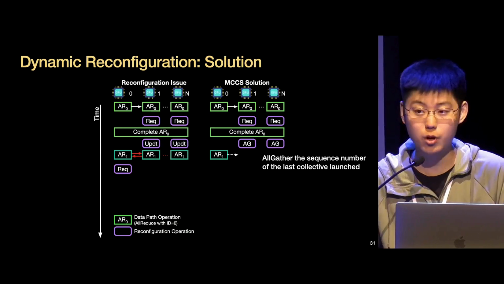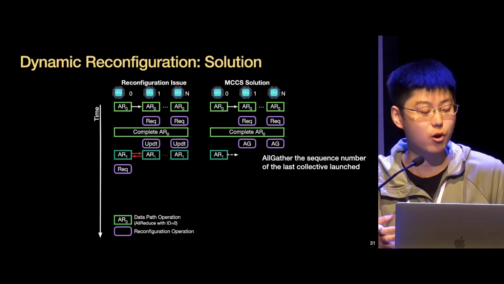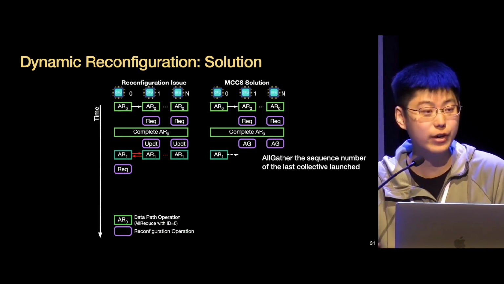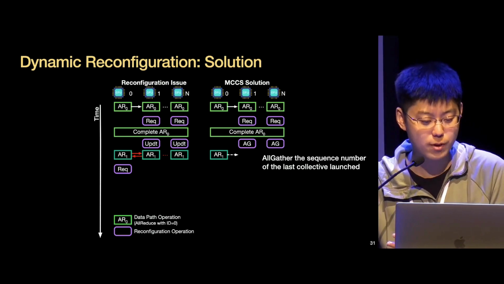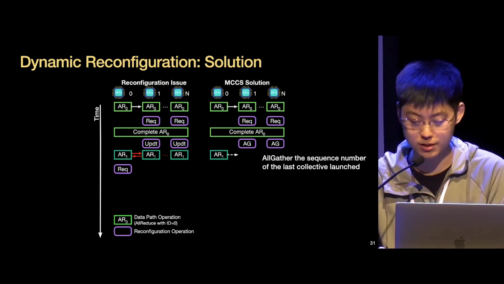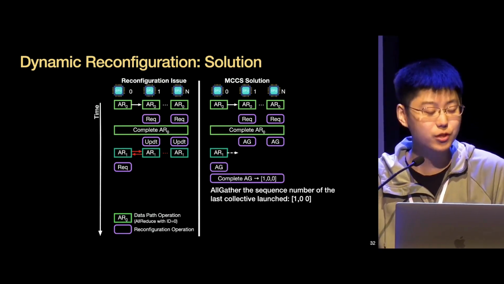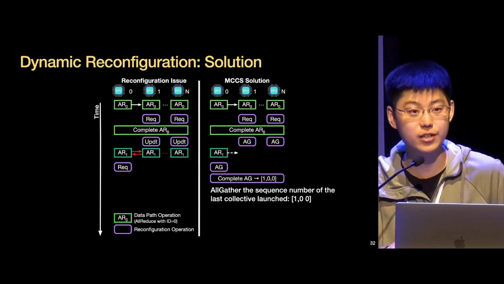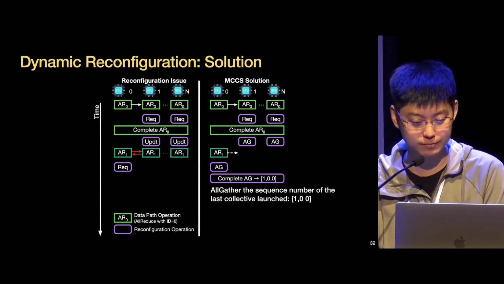To address this problem, MCCS performs an all-gather to collect the sequence number of every worker's latest collective operation. This all-gather is launched on the control path, so it does not block the data path. After the all-gather completes, we check the sequence numbers to see if everybody is in sync and to see if there are any outstanding collective operations.